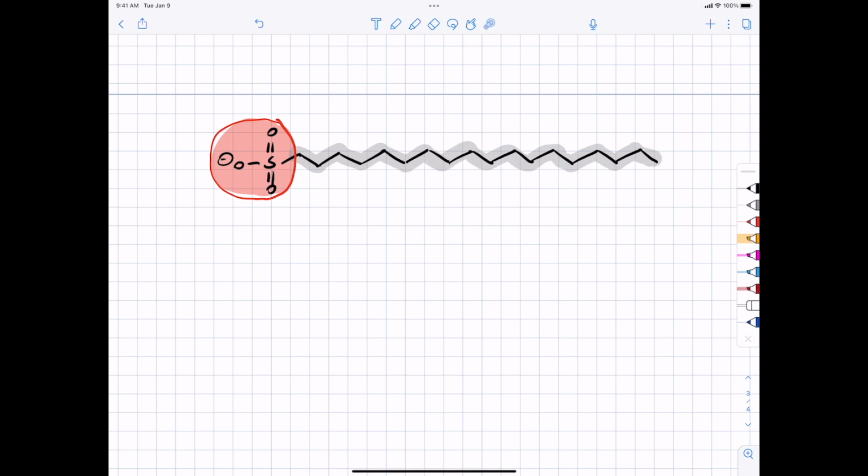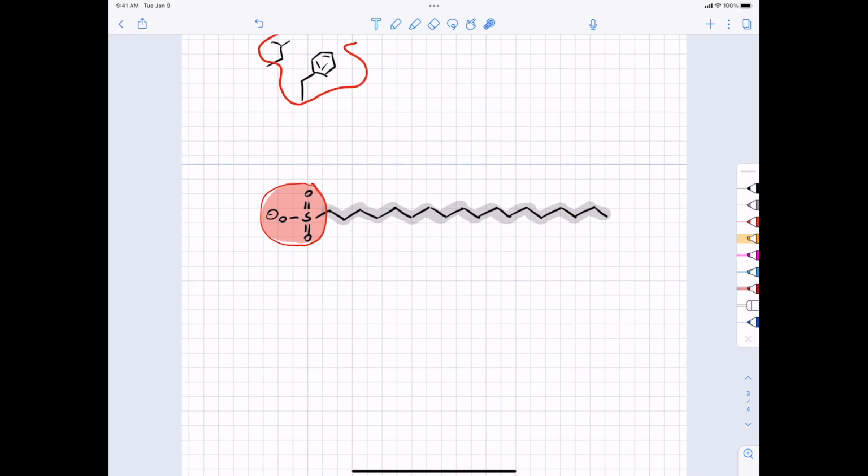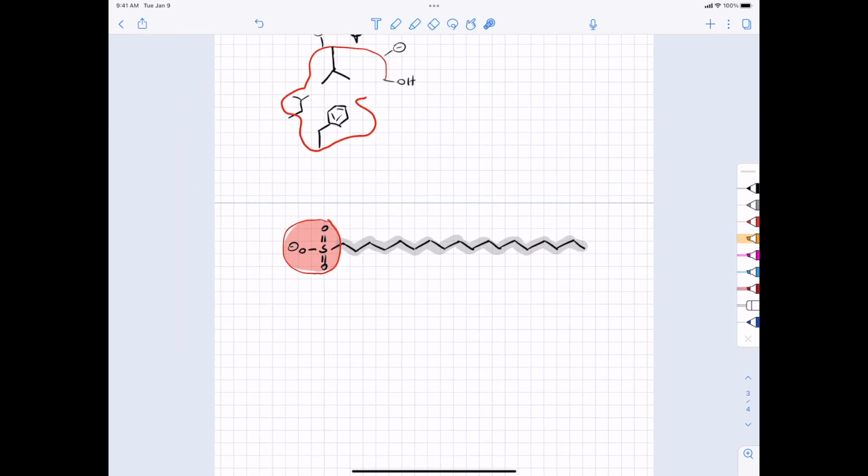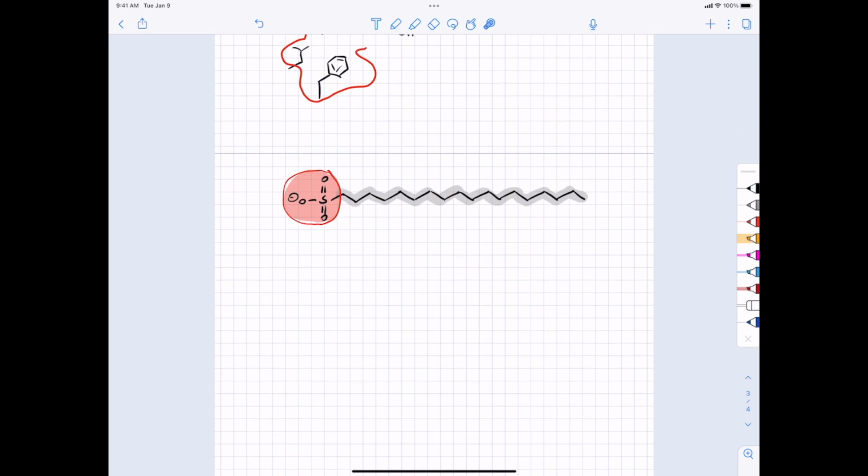You can imagine that if I put this in water, you'd have a similar problem to what we just described. The polar group could interact with water just fine. The nonpolar tail, if it were completely exposed to water, is going to result in this entropy loss situation, where an ice-like cage of water molecules surrounds the nonpolar tail.